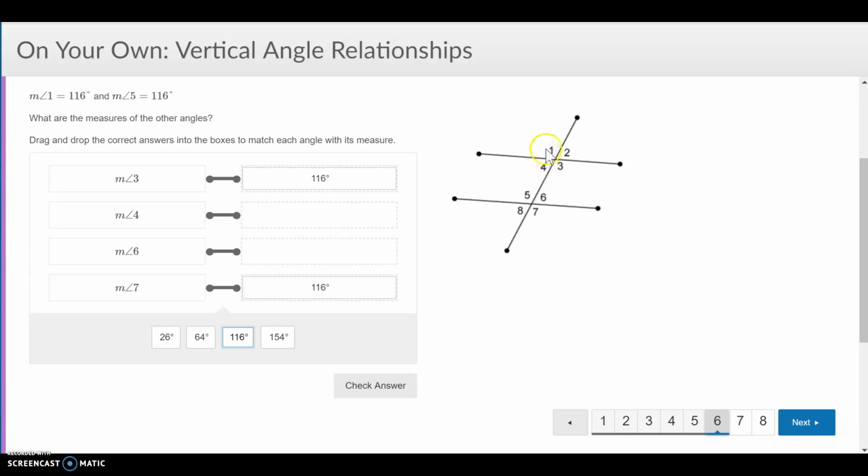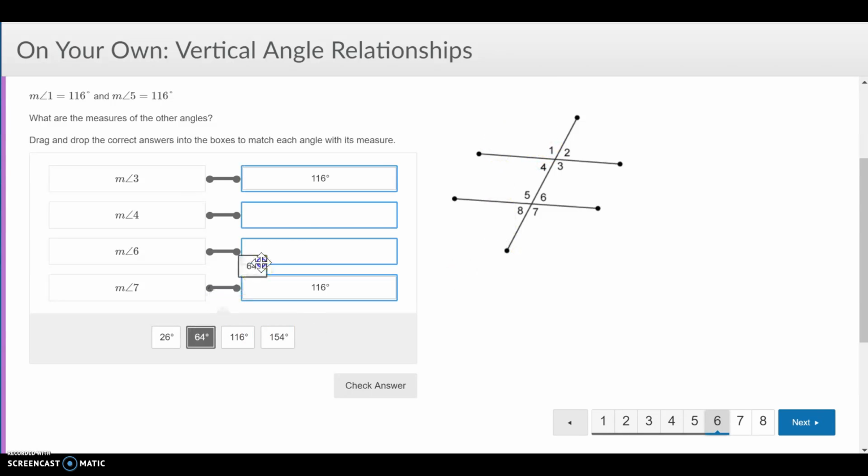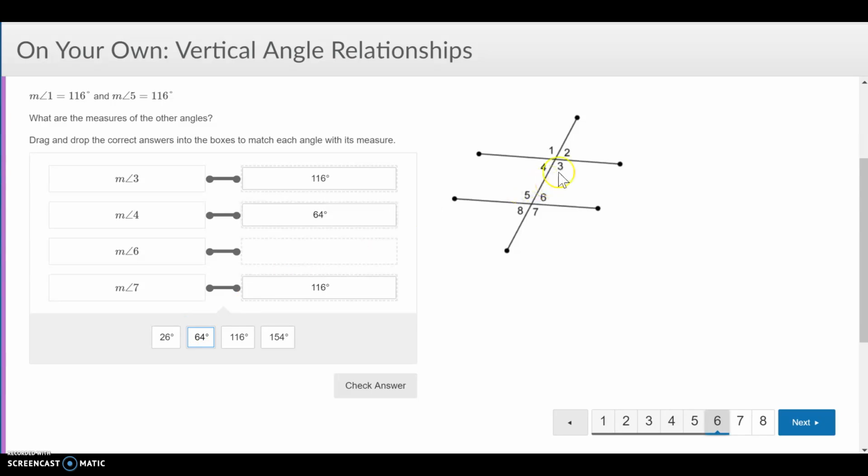So 180 minus 116, that's not right. 180 minus 116, 64. And 6 is also a linear pair with 5 and 7, so it would be 64 also.